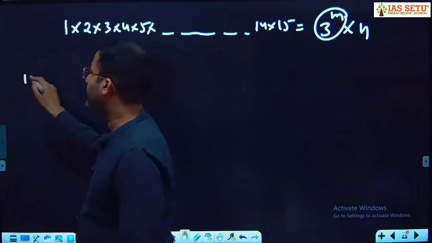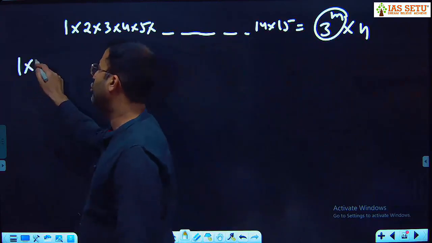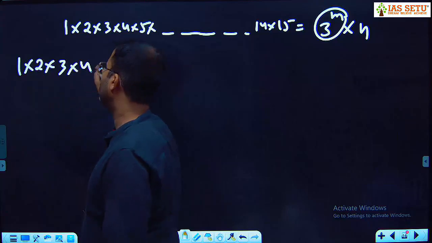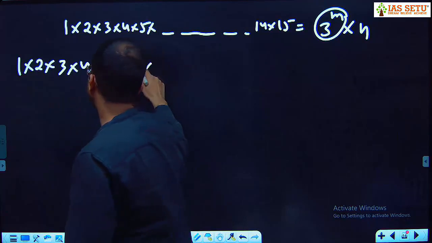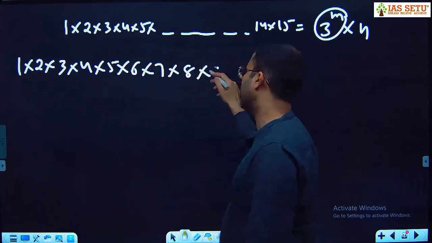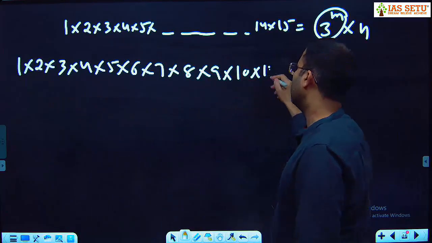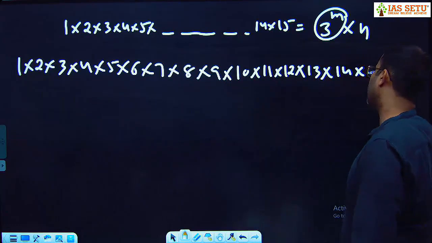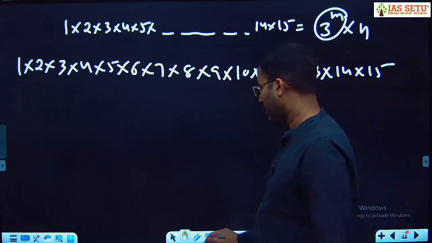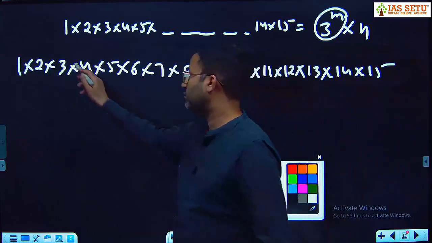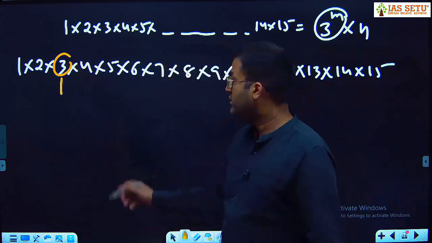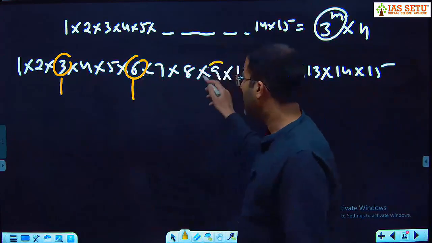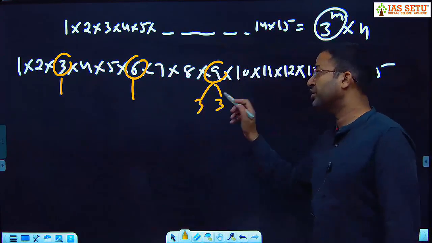First method, we write 1 into 2 into 3 into 4 into 5 into 6 into 7 into 8 into 9 10 11 12 13 14 15. So we will check how many 3s are there. 3 is here, inside 6 one is hidden, inside 9 two are hidden, 3 into 3.